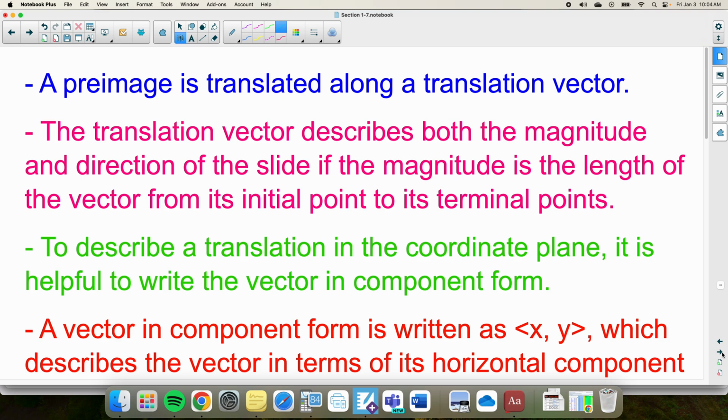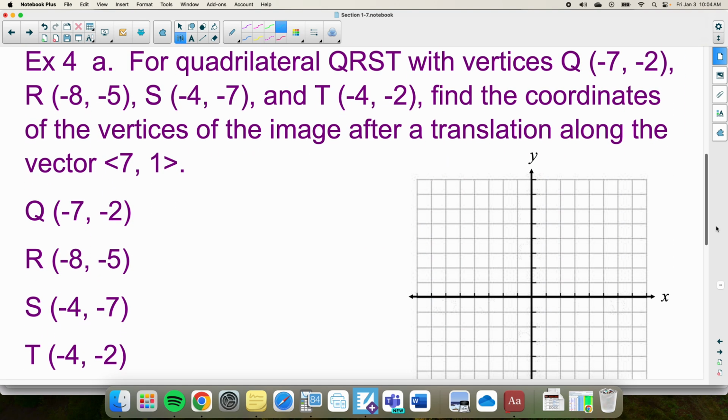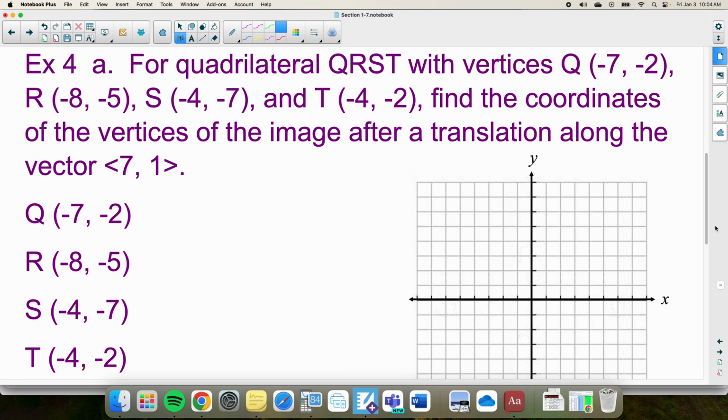So let's try one of these actually on a graph. So first thing I'm gonna do is plot these 4 points on the graph. Whichever way you do these today, what I grade is your graph, okay?